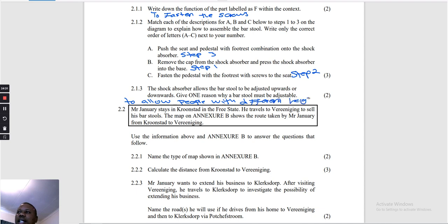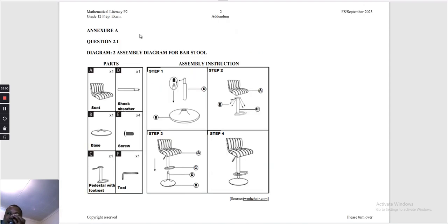Remember, when you are short, the way I was sitting on the stool is no longer going to be the same as you. Because I'm taller than you, if I'm tall, I'm going to push the stool down. I'm going to adjust the stool to go down. But if you're short, you have to adjust it upwards so that you can sit well at your table. Okay. Right, 2.2. We have another annexure.